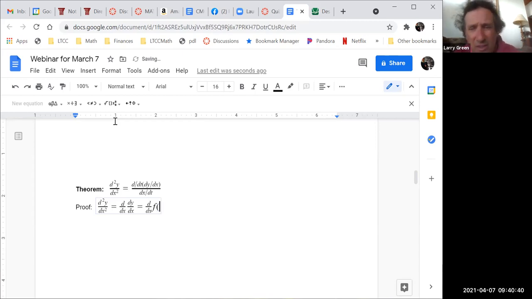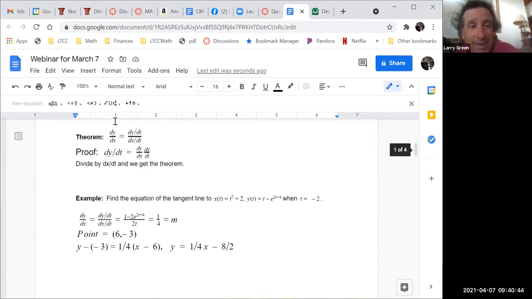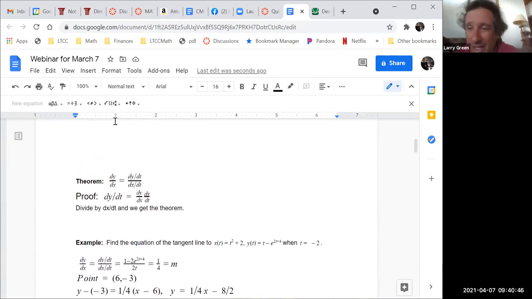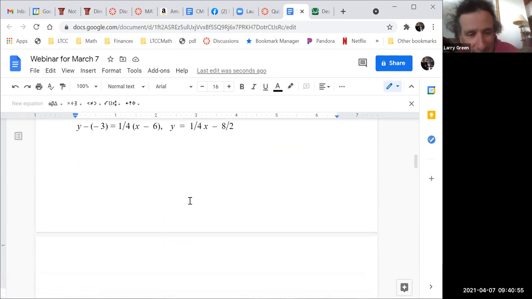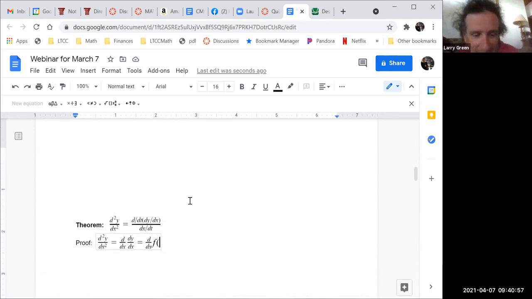But when you do a first derivative using our last theorem, it's going to be in terms of t, right? Because you have dy over dt over dx over dt, and that'll be in terms of t. So I'm going to write, instead of f of x, f of t, because that's what we're looking at. But guess what? We're done. Because this is what we just did.